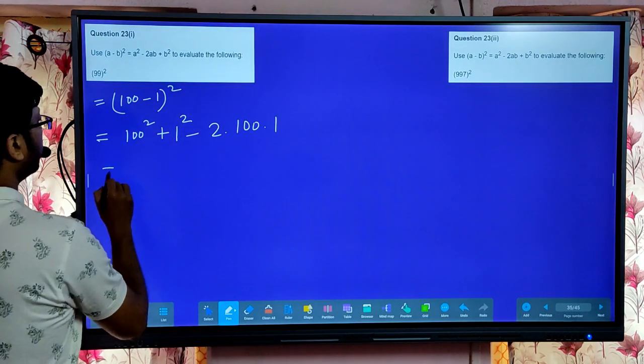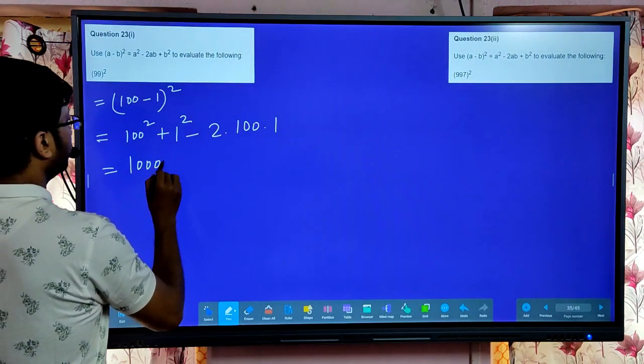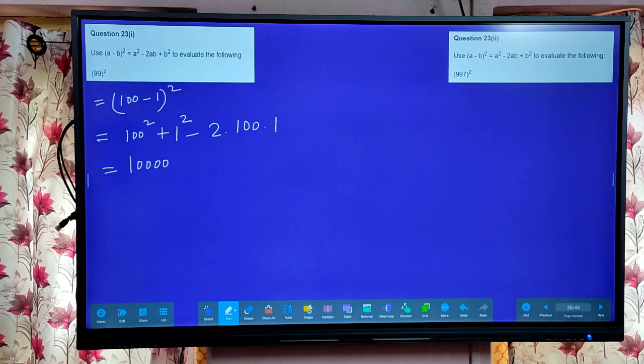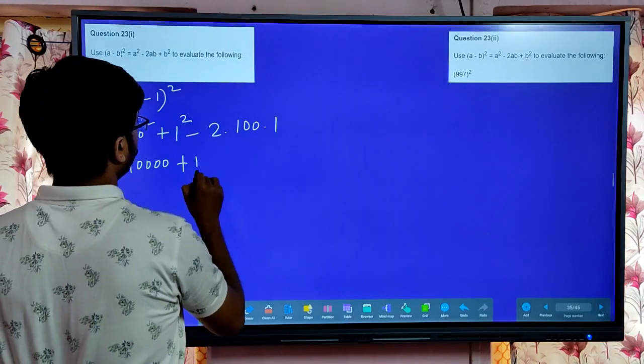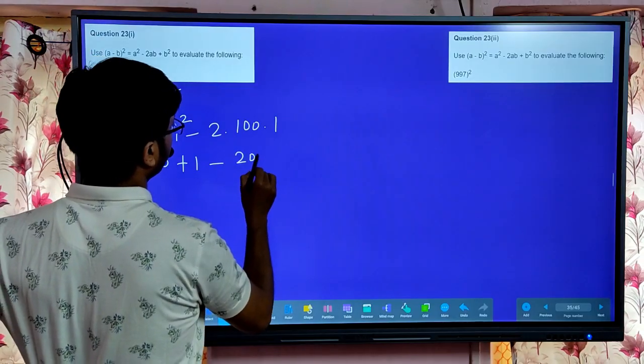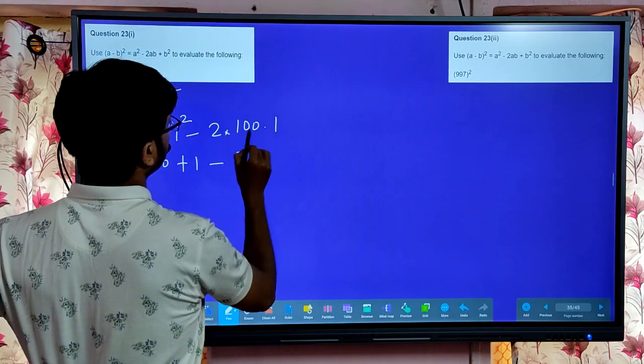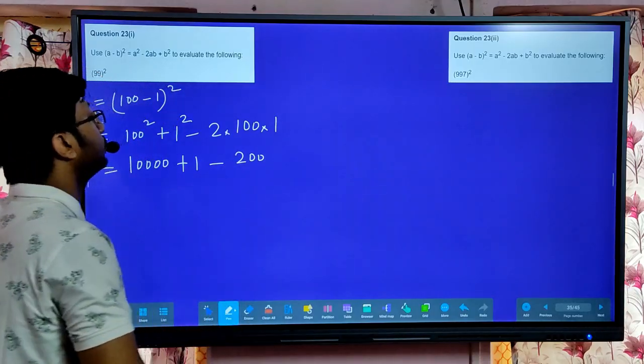So 100 square will be 4 zeros, plus 1, minus 200. These are all multiplications.